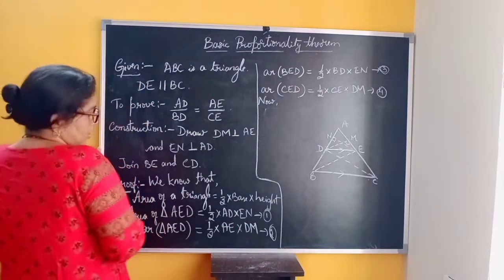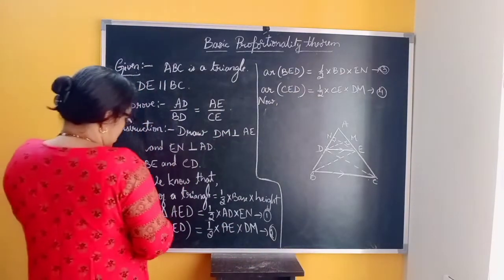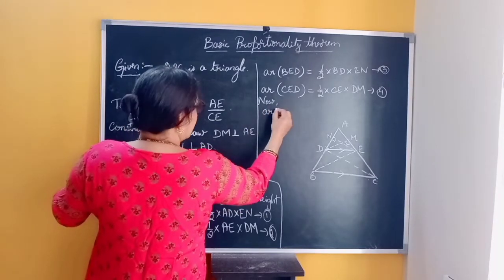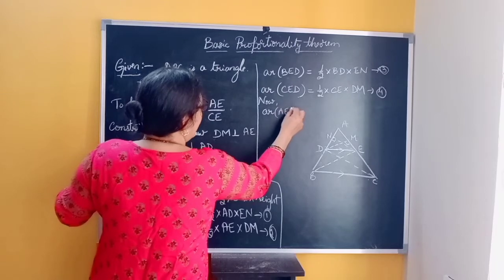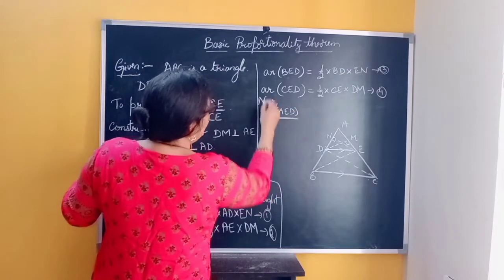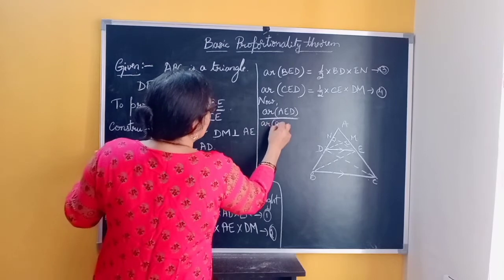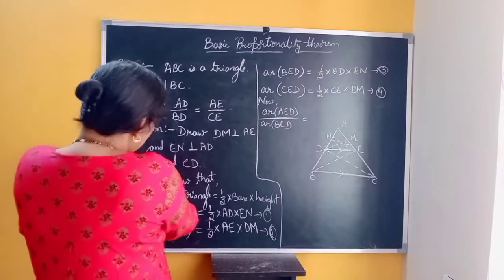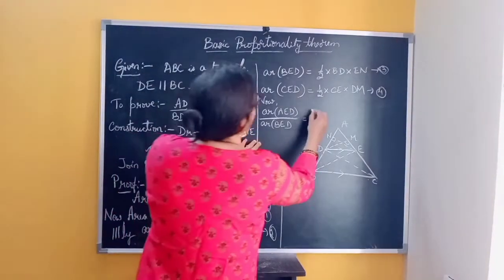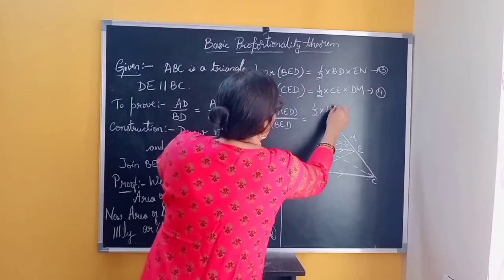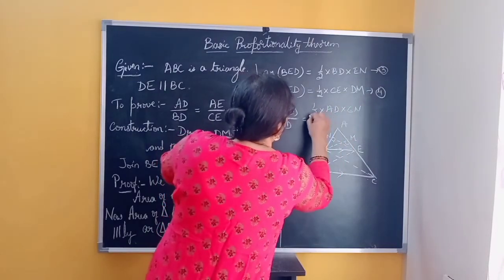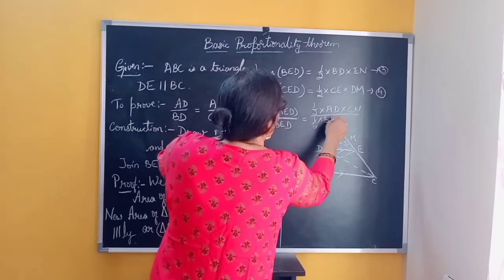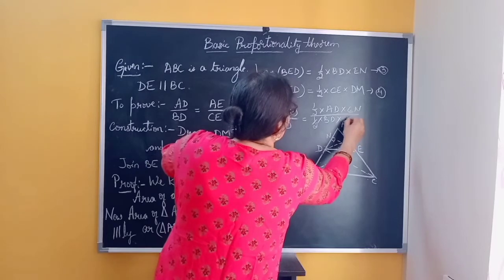Area of triangle AED by area of triangle BED is equal to half into AD into EN divided by half into BD into EN.